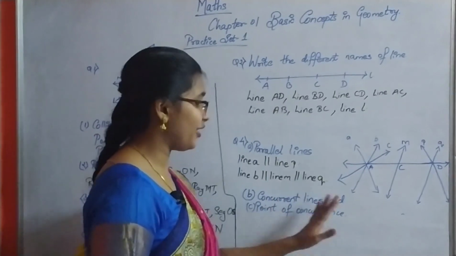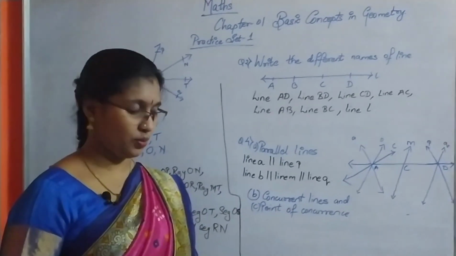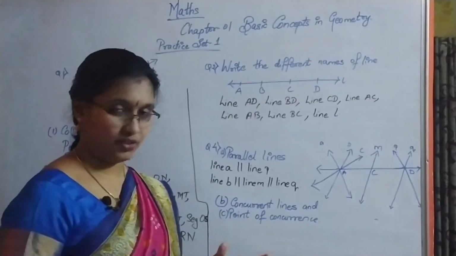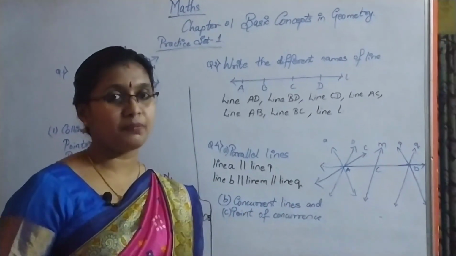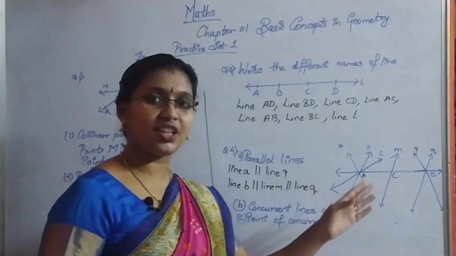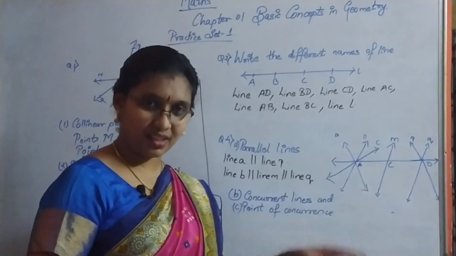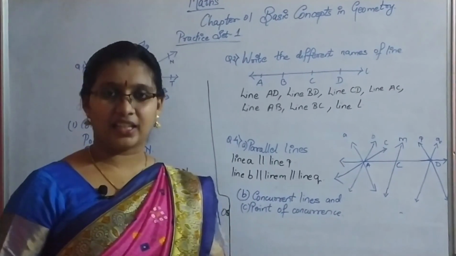Concurrent lines and point of concurrence, we can merge these two answers together. Now what are concurrent lines? If a group of lines pass through a single point, those lines are called concurrent lines, and the point of intersection of those lines is called the point of concurrence.